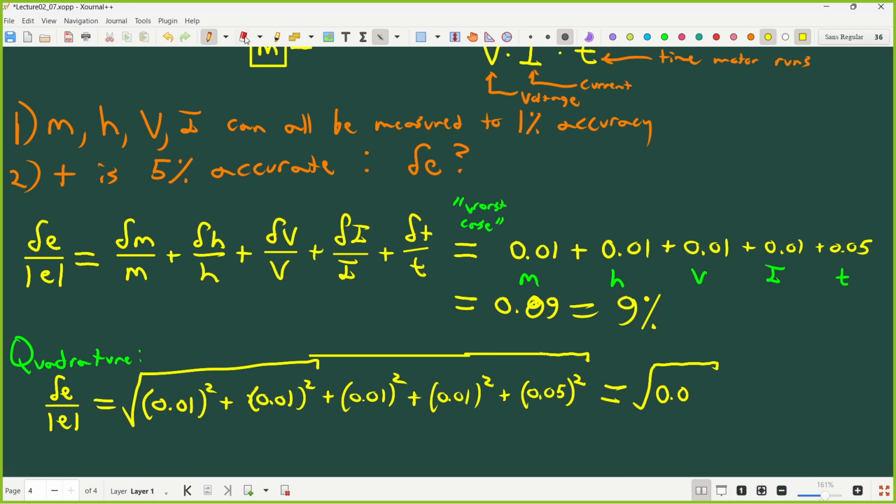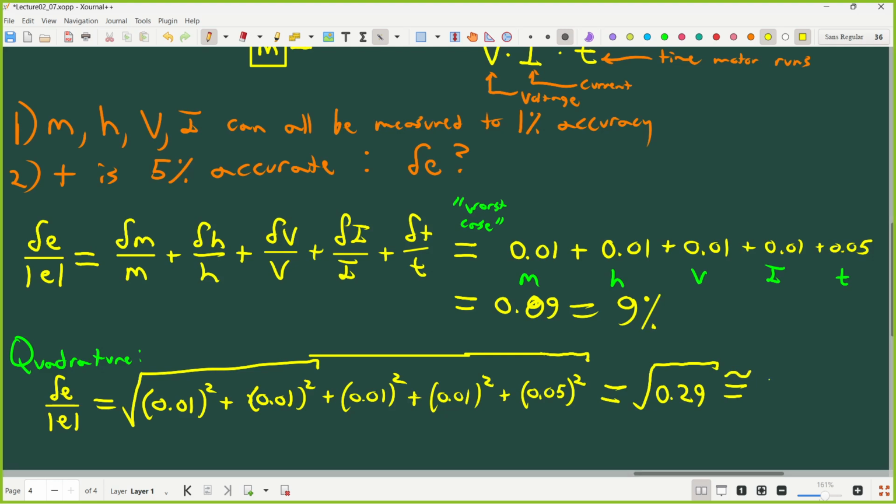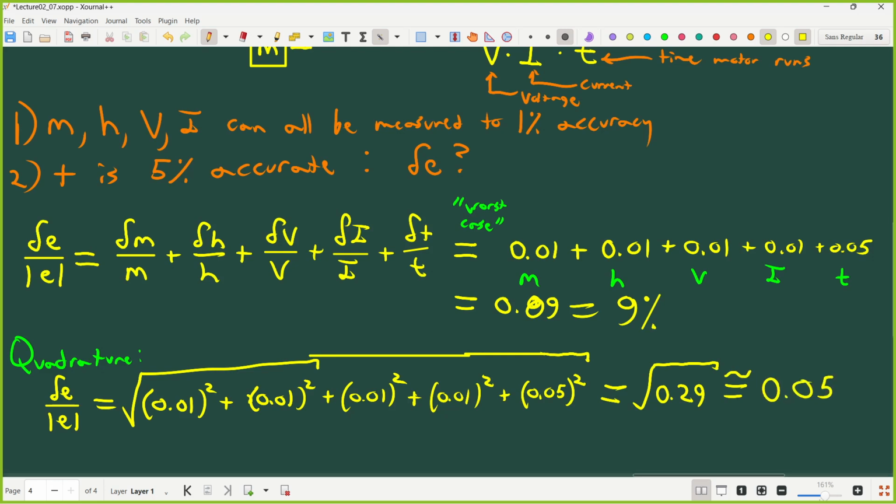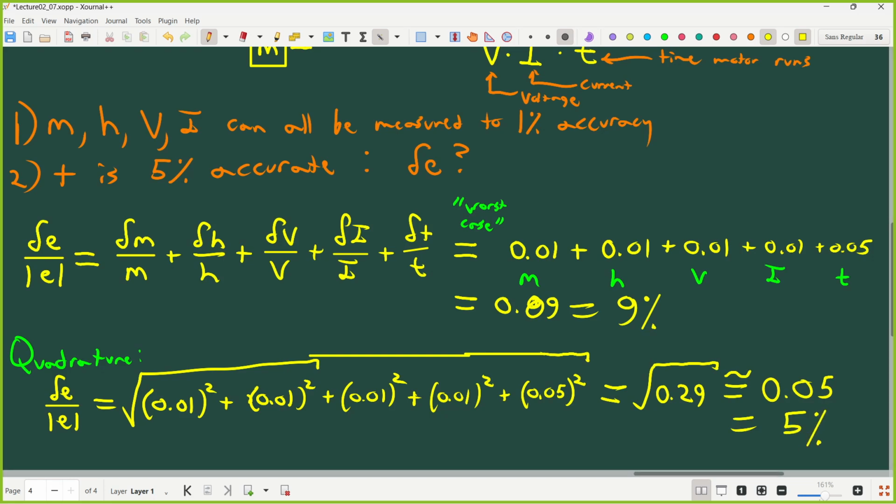Sorry, 0.29. I forgot the error. So it's 0.29, right? Which is approximately 0.05, which is 5% error. All right, by doing it properly, we've reduced the uncertainty in our numbers by 5%, right?